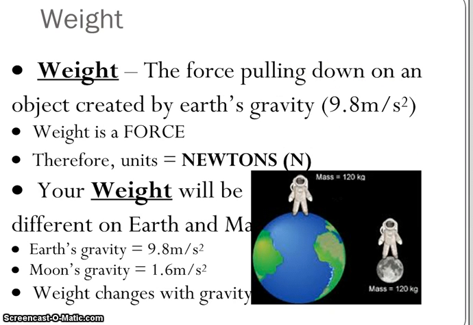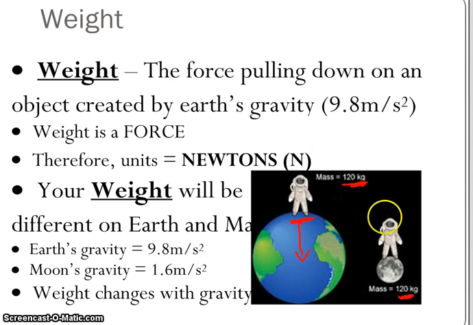Like I was just saying, here it is. You can see it a little more graphically here. Got my little astronaut guy here on this Earth. His mass is 120 kilograms here. But his mass is also 120 kilograms here on the moon. Well, if you think about it, force of gravity pulling him down to the center. Force of gravity here on Earth is much, much more when compared to there on the moon.